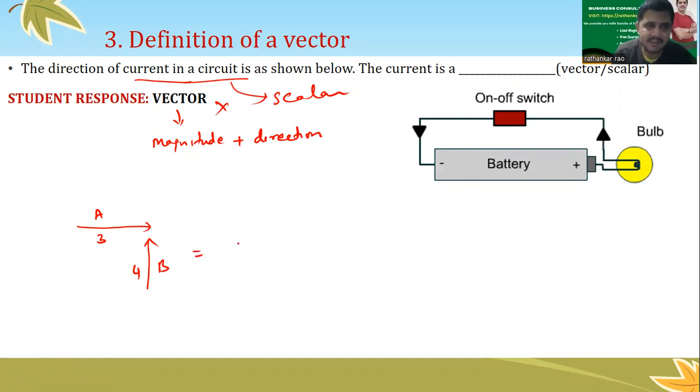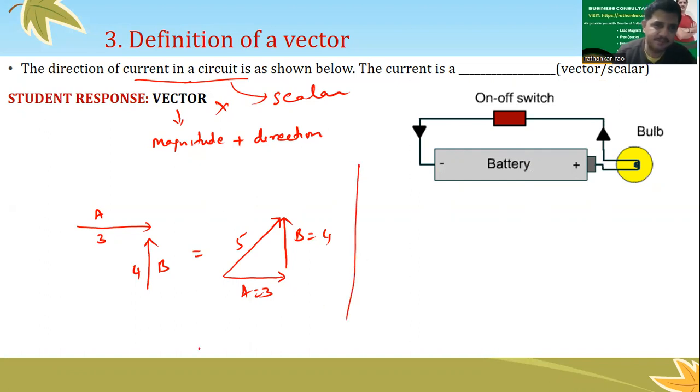We have already learned vector addition. Put A here, put B here. This is your 3 units, this is your 4 units. The sum of these two should be like this, which is 5 units. Right? Good. You have already learned vector addition.